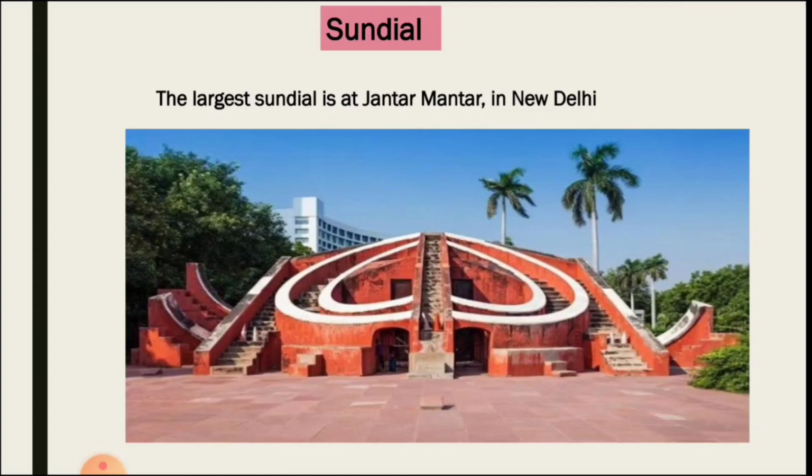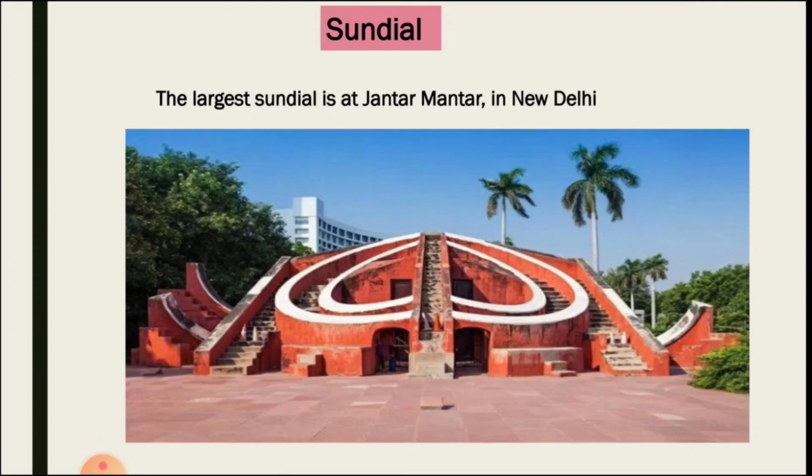Let us talk about sundial. Now what is a sundial? A sundial is an instrument that indicates the time with the help of the extent and the direction of the shadow. So with the help of the shadow we can identify the time. In earlier times, time was measured by placing a stick parallel to the axis of the earth and by noting the position of the shadows on the dial at different times of the day.